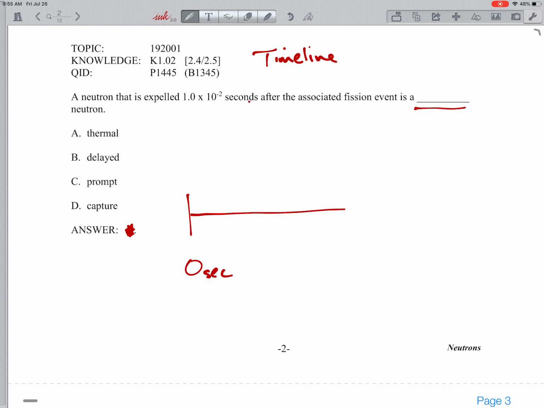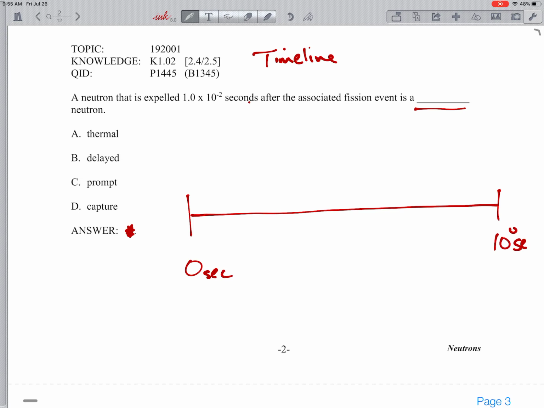You do a timeline to 10 to the 0 seconds, and that's also going to be 1 second, since 10 to the 0 is 1. Back here it's going to be 10 to the minus 1, 10 to the minus 2, 3, 4, 5, 6, 7, 8, all the way down here, it's going to be 10 to the minus 14.